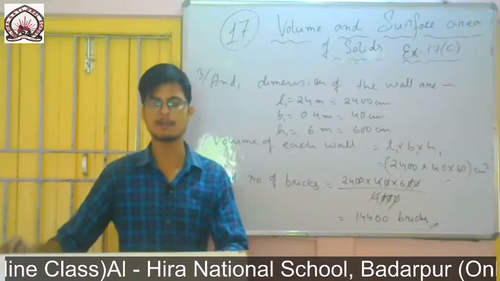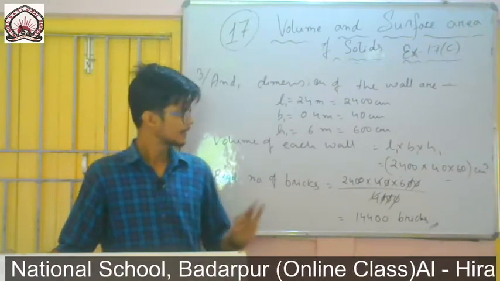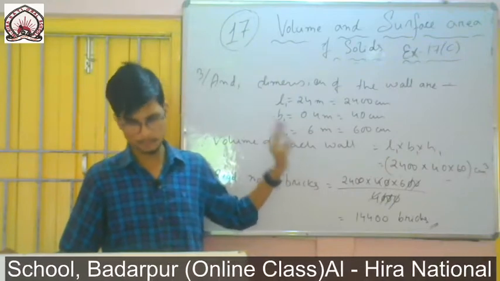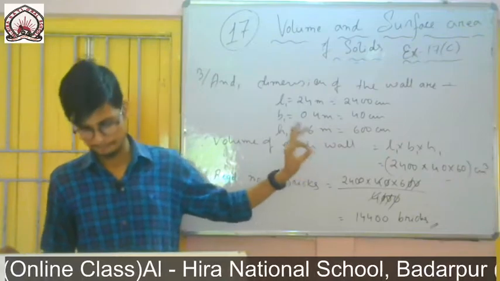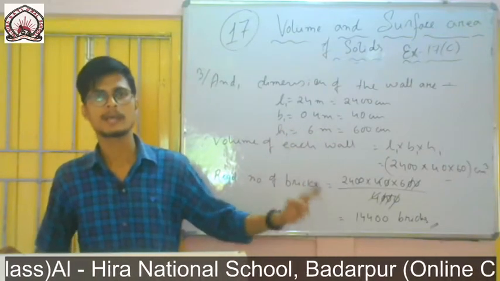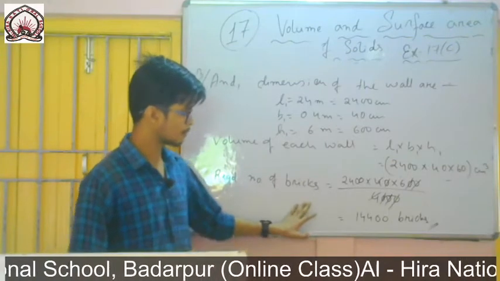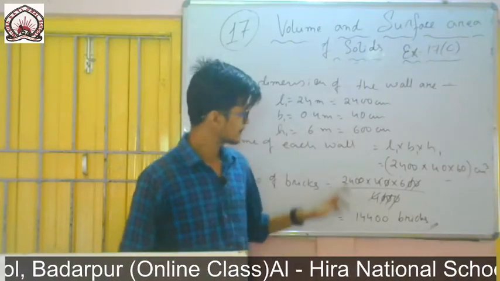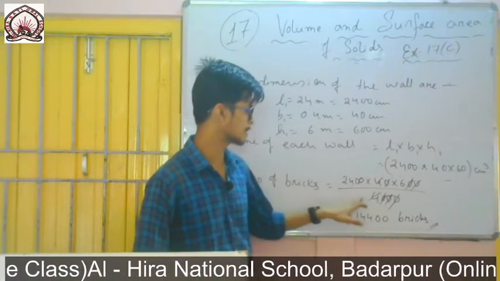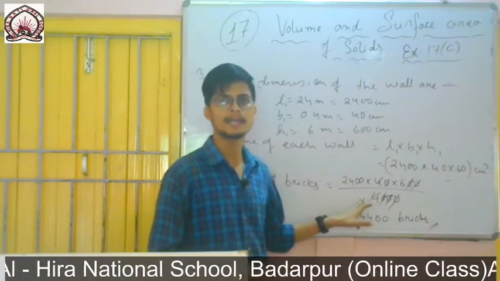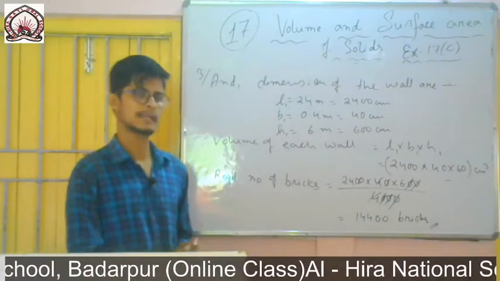Then from this one you find the volume of each book, and then simply you write required number of books will be equals to the volume of the cardboard divided by volume of each book, you will get the answer.